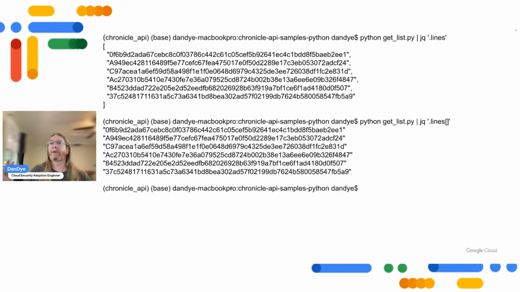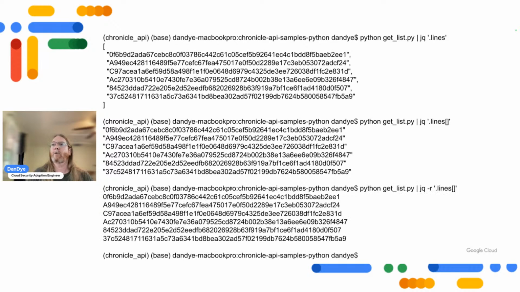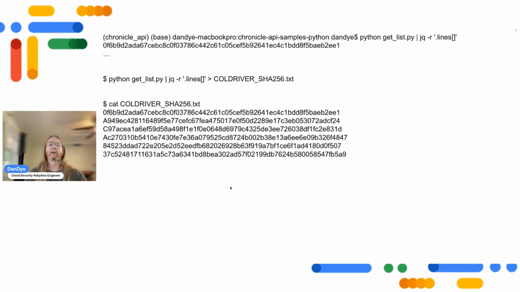So here I've removed the trailing commas and those leading and trailing square brackets by using dot lines and then open close square bracket. And with one more change, adding the -r or --raw-output flag, that removes the quotes. And now we have the line delimited list of hash values, and it's just like the output that we saw earlier.